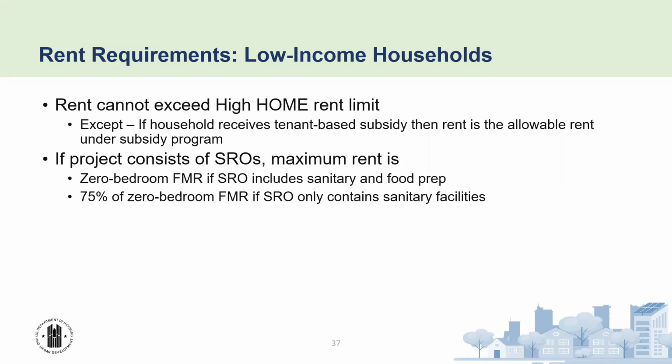If the unit includes both sanitary and food prep, the rent is the 0-bedroom FMR. And if the unit only includes sanitary facilities, the rent is 75% of the 0-bedroom FMR. I should note that HOME-ARP requires all SROs to have at a minimum sanitary facilities in each unit. Next slide.